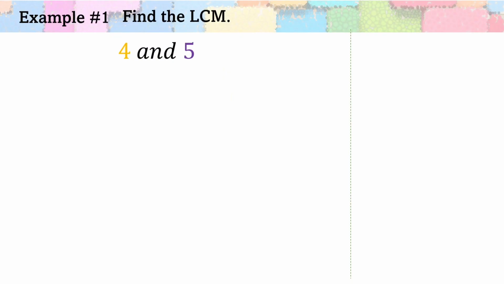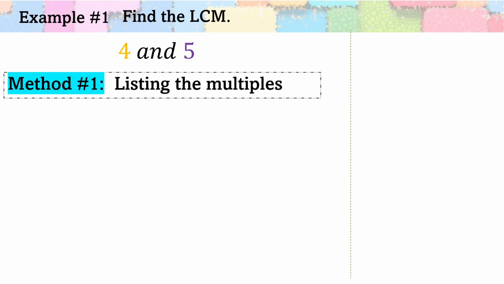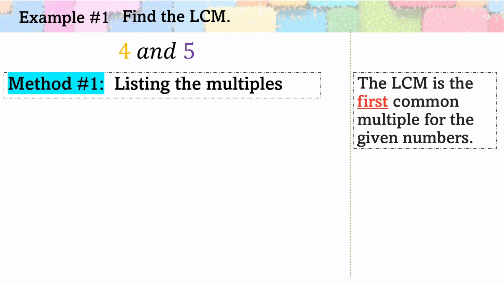Example number 1, find the LCM of 4 and 5. Let's use method number 1, listing the multiples. The LCM is the first common multiple of the given numbers. Let's get the multiples of 4: 4, 8, 12, 16, 20.